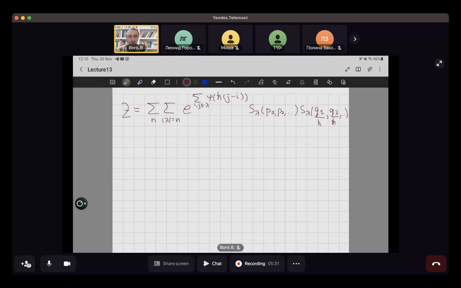It means taking the free term in the power series from F. So when we have a formal power series in p variables, and I write this expression, it means that I take the free term of F. It's just a notation for us.